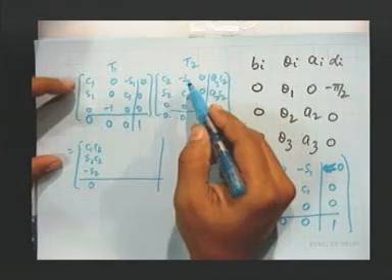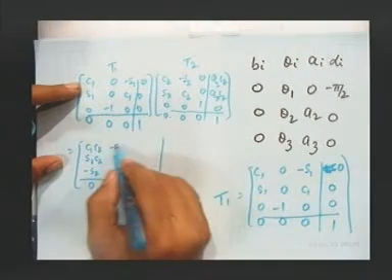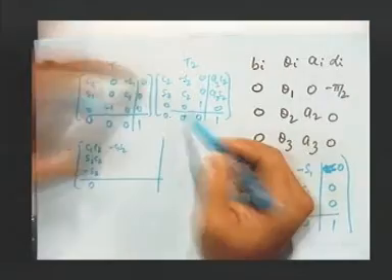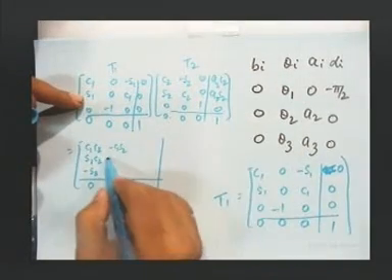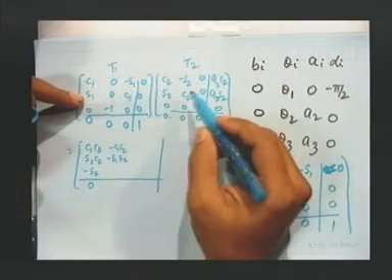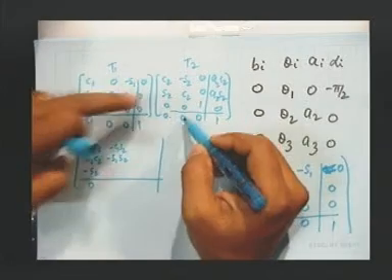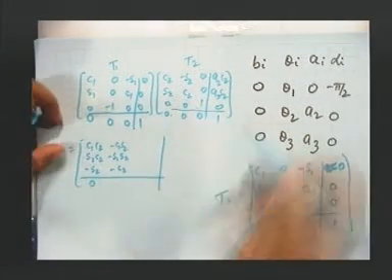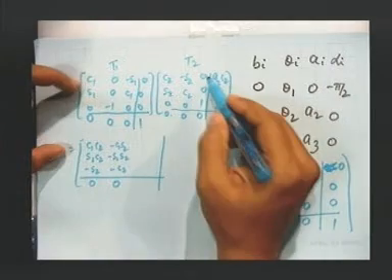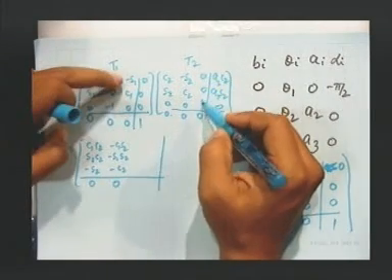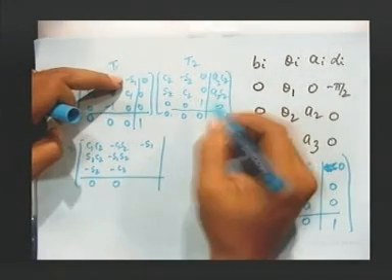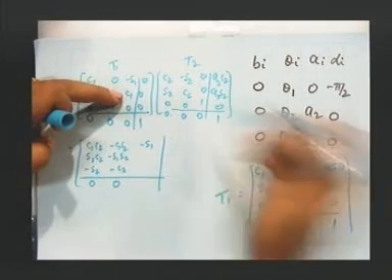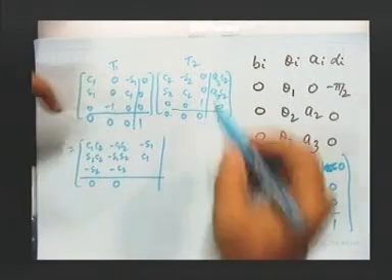The next column: cos 1 minus cos 1 sin 2, and zeros. Next, minus sin 1 sin 2, then minus cos 2, 0, 0. So, all zeros. Last one: 0, 0, minus sin 1, cos 1, 0, 0.